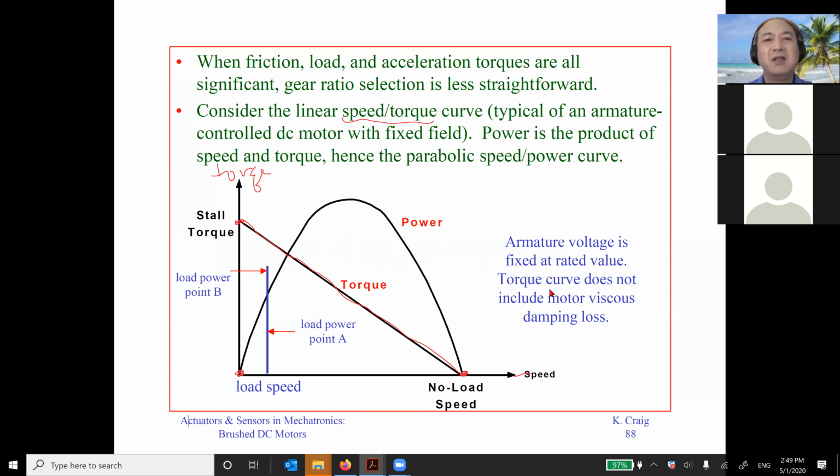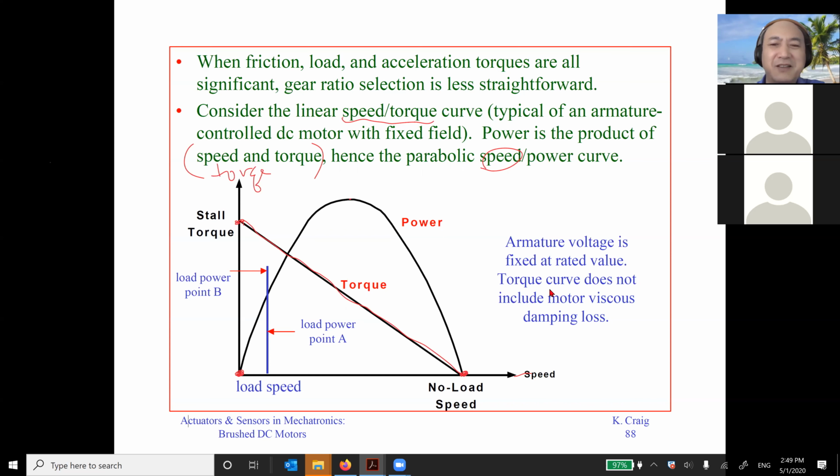So what is the speed-power curve? If we check the power, it is the speed times the torque, so it becomes a parabola. When speed is 0, the power is 0, meaning you are not moving, so you don't draw any power.